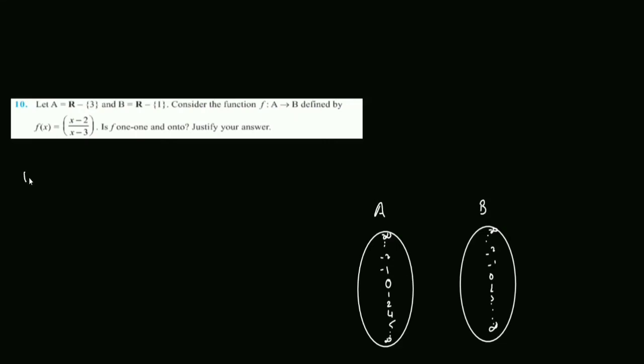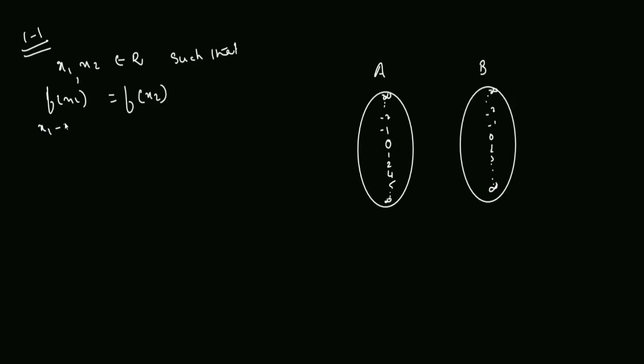Let us check whether it is 1 to 1. How do you check it is 1 to 1? Let x1, x2 belong to R. Then f of x1 is equal to f of x2, such that (x1 minus 2) by (x1 minus 3) is (x2 minus 2) by (x2 minus 3).